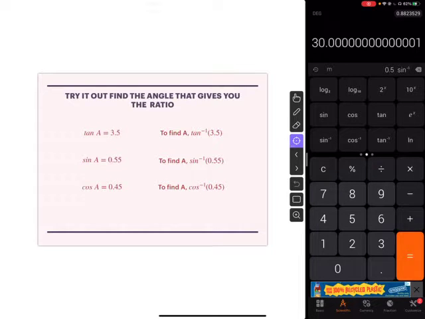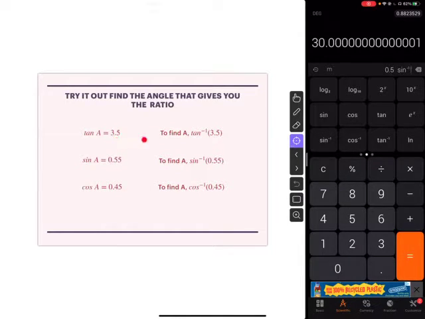Go ahead and let's try and answer these questions here. Now, when they say tan A equals 3.5, and you're trying to solve for A, they told you what the ratio is. In this triangle, for whatever angle A is, the tangent ratio comes out to 3.5.